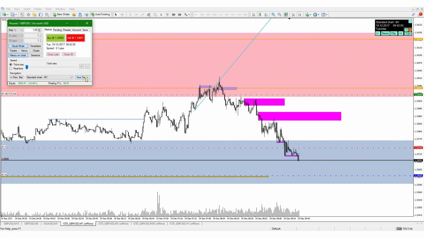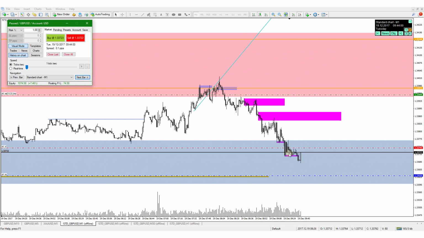Next bar, huge rejection. And the volume died. I don't like this. Let me analyze. Very bad bullish candle, but we are almost 7% in profits.